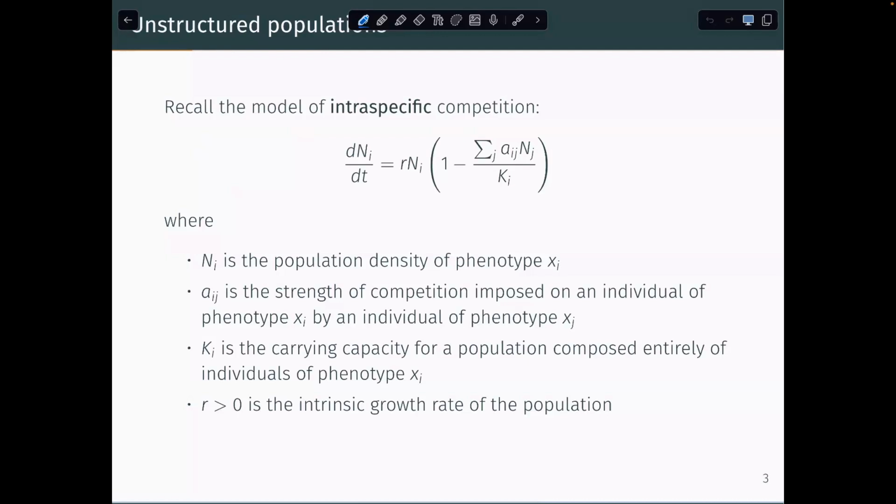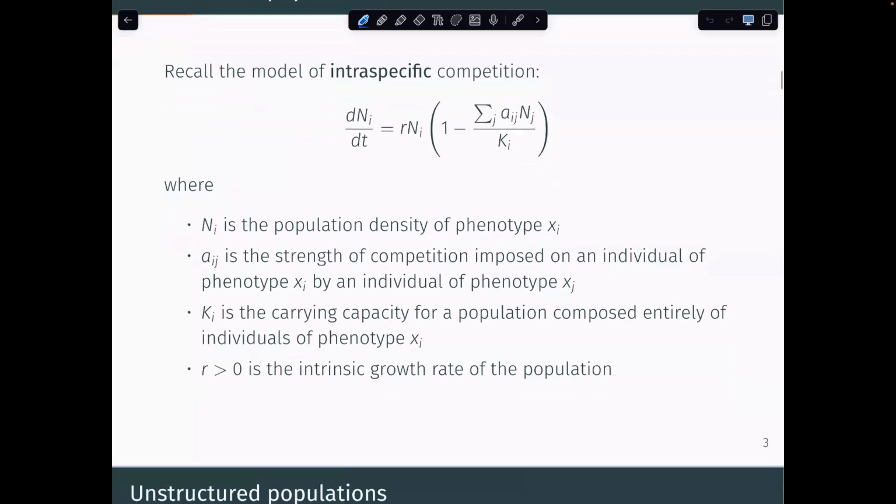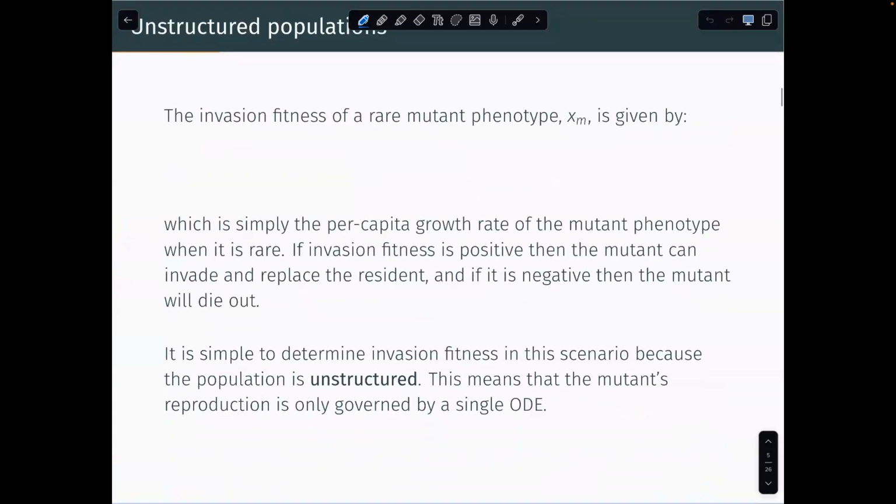Okay, so we've looked at this already, and we've seen a few examples of when we can get, say, continuously stable strategies from the system. But the first stage to any of the adaptive dynamics we've done with this is to first of all write down invasion fitness. And in these models, we've been able to write this down as W(xm, xr).